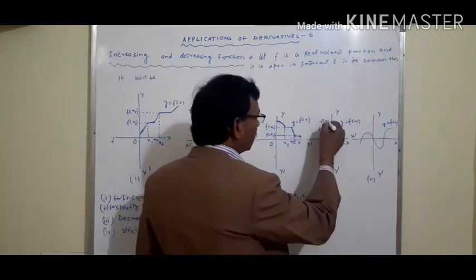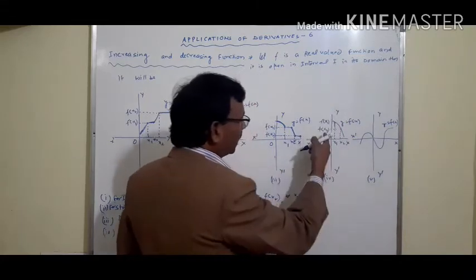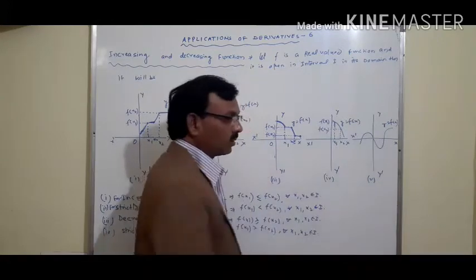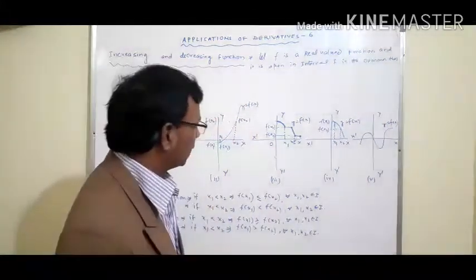It is clear that f of x1 is greater than f of x2. This type of function is known as a strictly decreasing function.